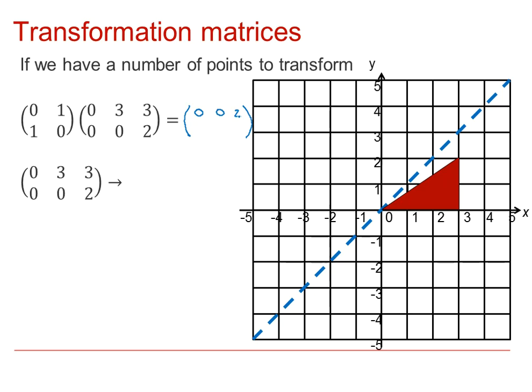Then multiplying the (1, 0) by the first column gives 0, the second column would give me 3, and the last column would give me 3. So that's the image. And if we plot those points on the diagram, we can see that the image is a reflection in the line y equals x.